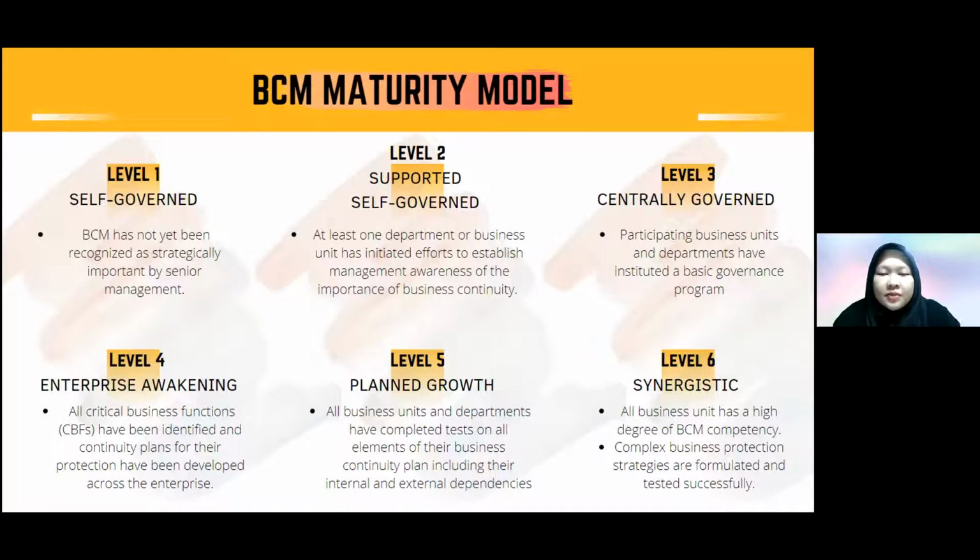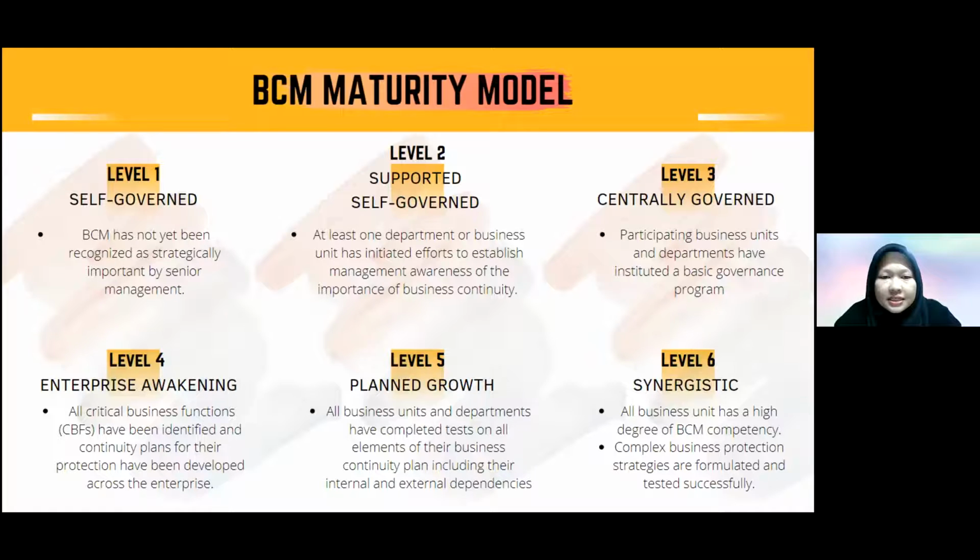Besides that, a BCM program office or department has been created to govern the program and support all enterprise participants, ensuring that all critical business functions have been identified and continuity plans for their protection have been developed across the enterprise, and departments conduct unit tests of critical business continuity plan elements.